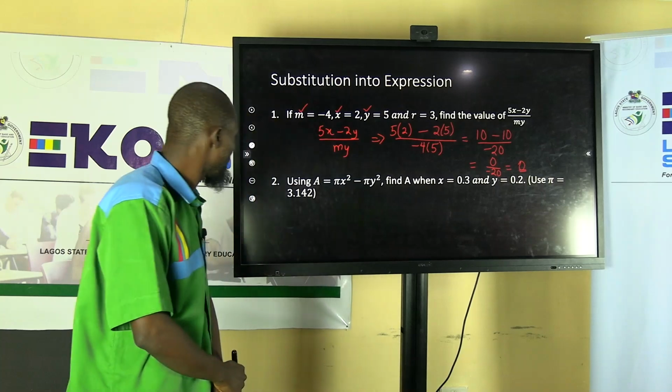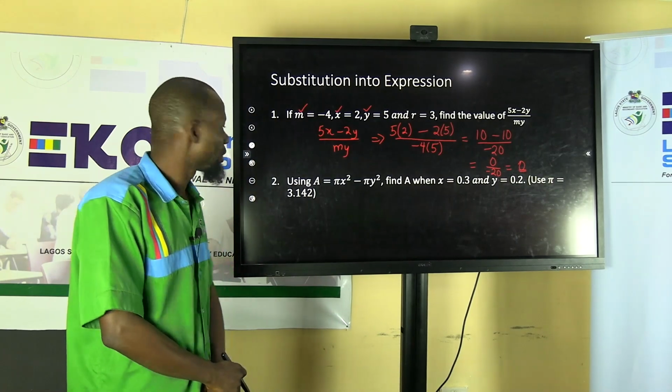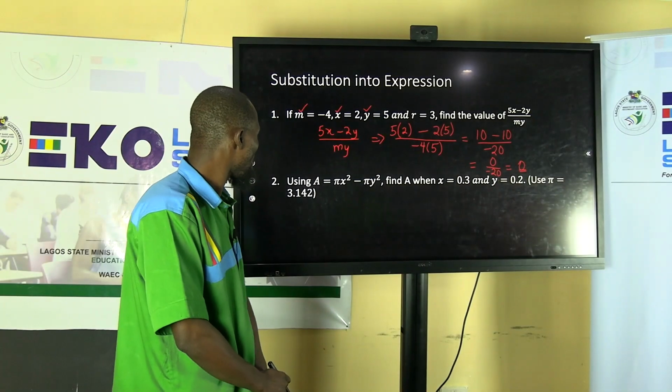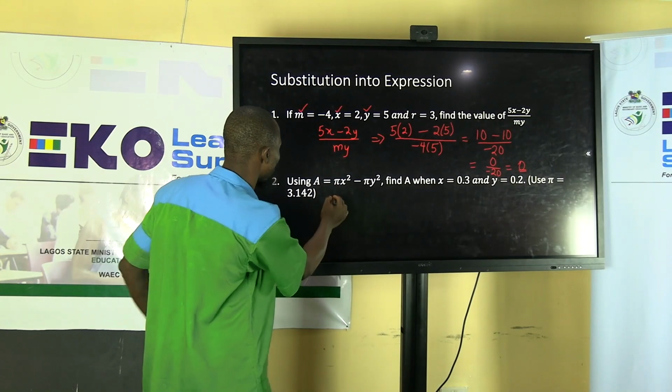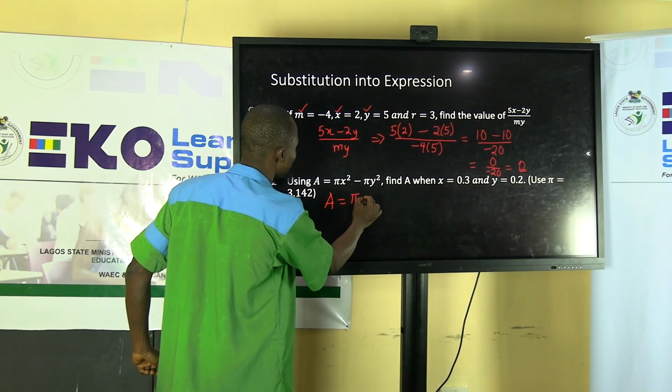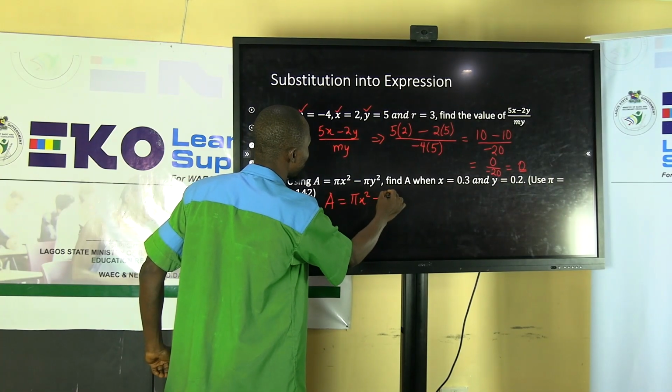So that is that. The second one, using a equals pi x squared minus pi y squared. Find a when x is 0.3 and y equals 0.2. Use pi equals 3.142. Alright, so in this formula, a equals pi x squared minus pi y squared.